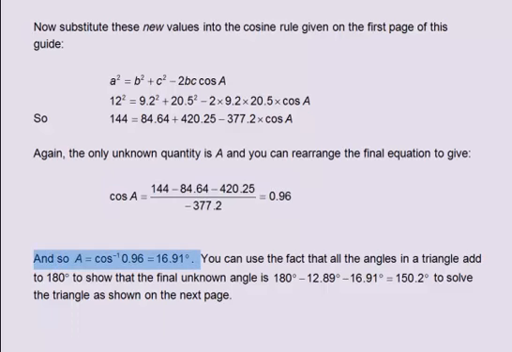And so uppercase A equals the inverse cosine of 0.96, which equals 16.91 degrees.